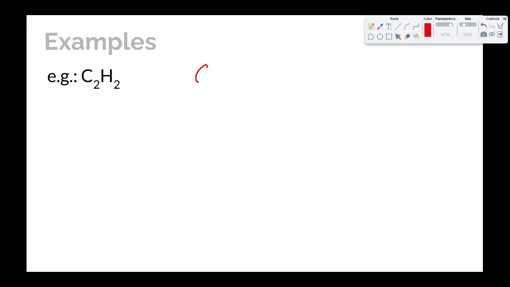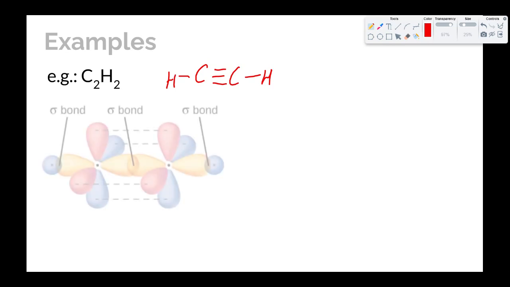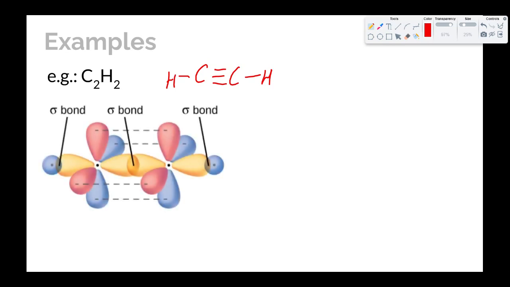C2H2. So the Lewis structure for this looks like that. So there's a triple bond, and the steric number for carbon is 2, which means we need 2 hybrid orbitals here. So this is going to be sp hybridized. So the sp hybrid orbitals from the 2 carbons, remember this is a carbon, this is a carbon, make the sigma bond.